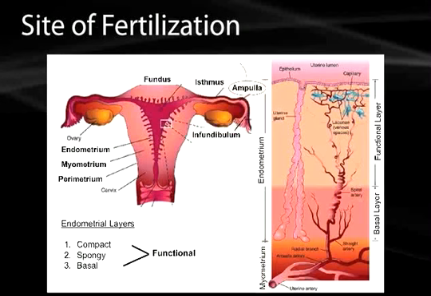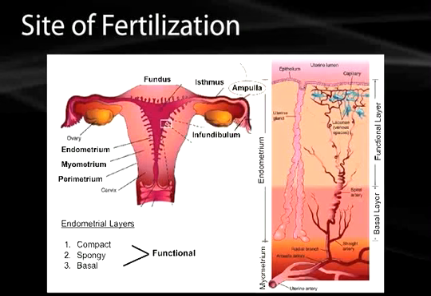Less commonly, it can get trapped outside into the peritoneum, and there can be a peritoneal pregnancy, which can be equally as dangerous because of the vascular flows that will set up later in pregnancy. However, it has been known that there's been a full-term pregnancy carried in the peritoneum of a female and then birth through cesarean section. Nonetheless, your questions will probably focus around the site of most common fertilization for tubals, which will be the ampulla.